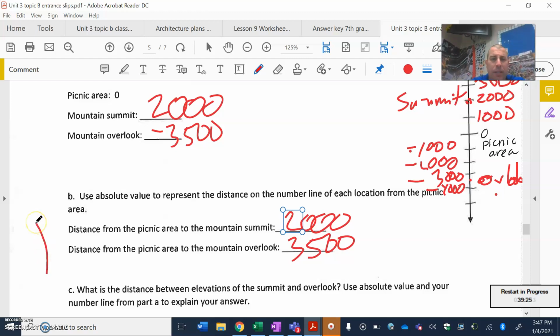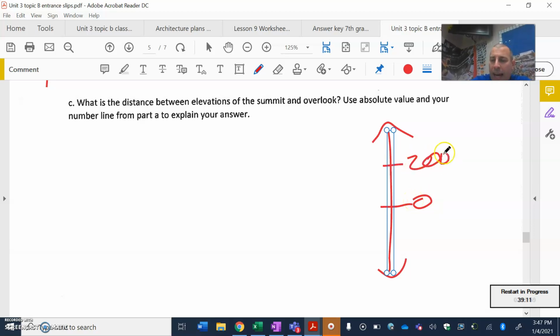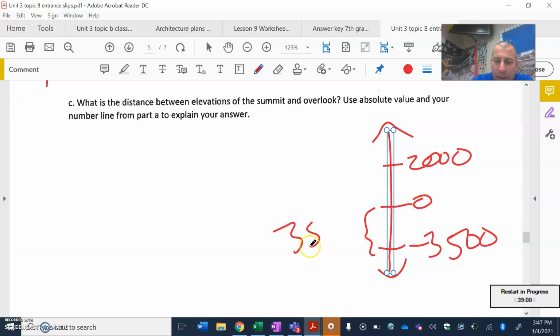So what is the distance between? Let's take a look here. I'm going to get a new picture down here. This is where the picnic area was. We went up to 2,000. We went below to 3,500 feet below. From the absolute value, we know we've got a distance here of 3,500, and a distance here of 2,000.